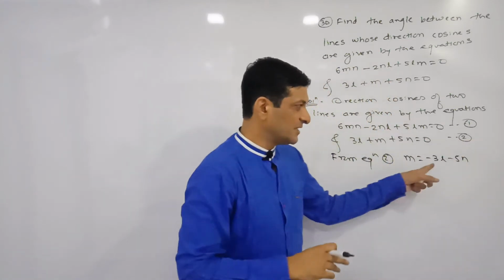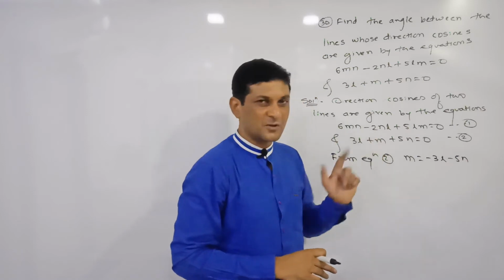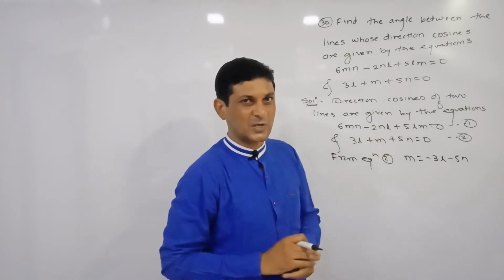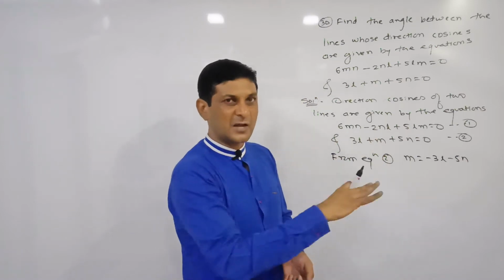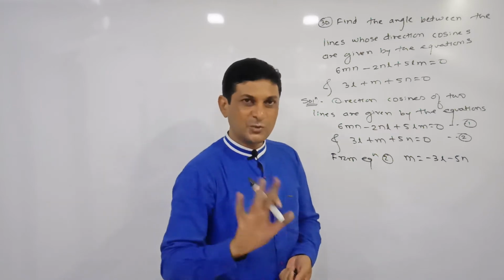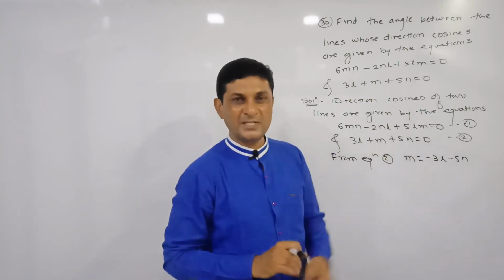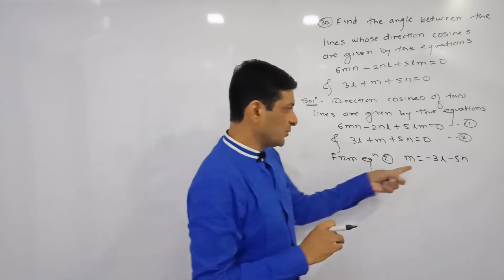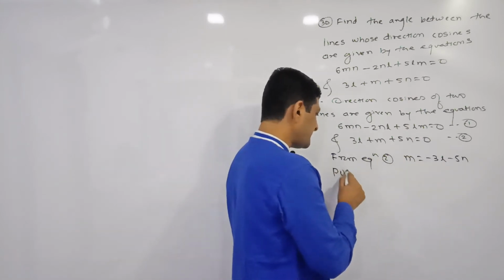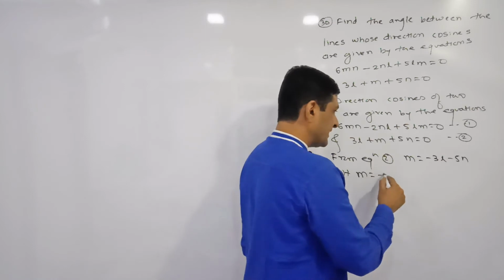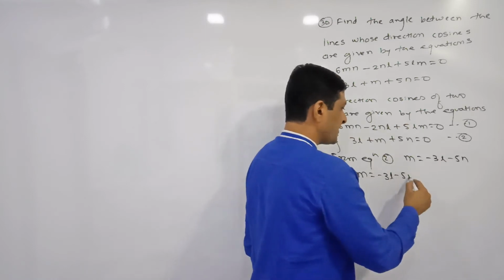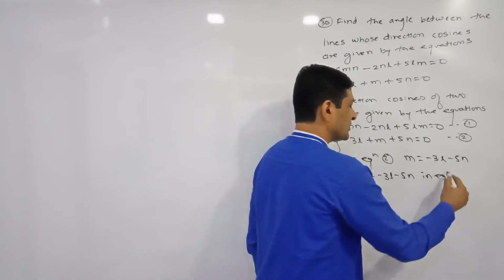Nothing is in the denominator because the coefficient of M is 1, so there is no fraction. You have a choice, you can substitute the value of L also or the value of N also. So put M equals minus 3L minus 5N in the first equation.